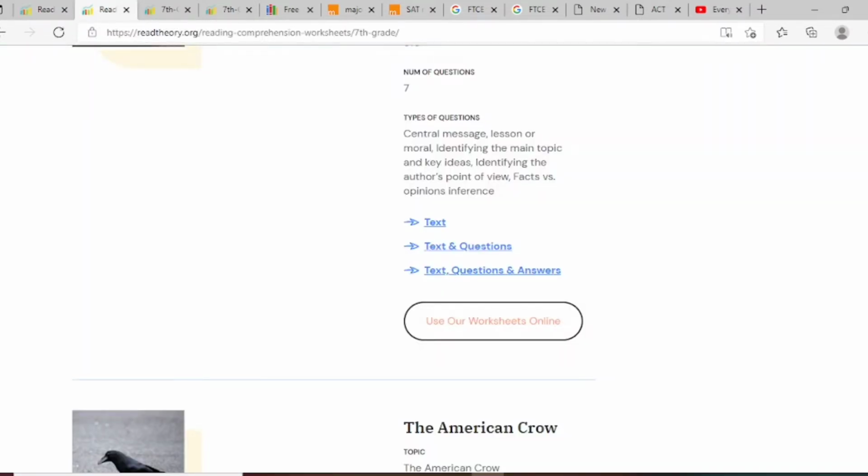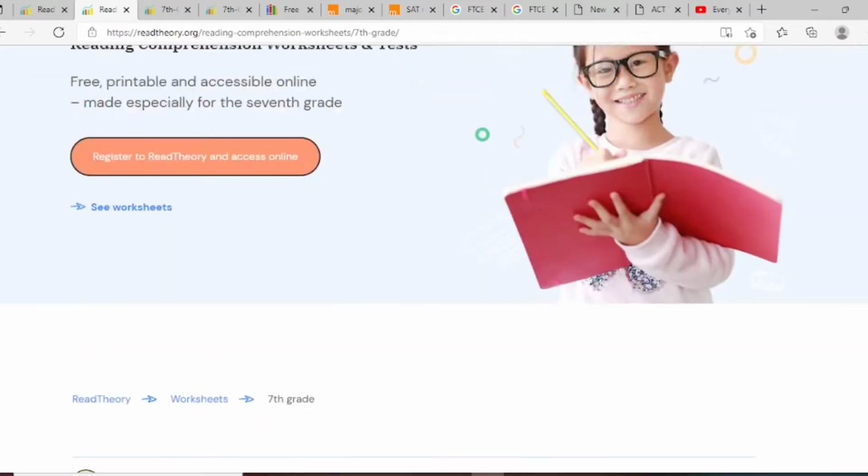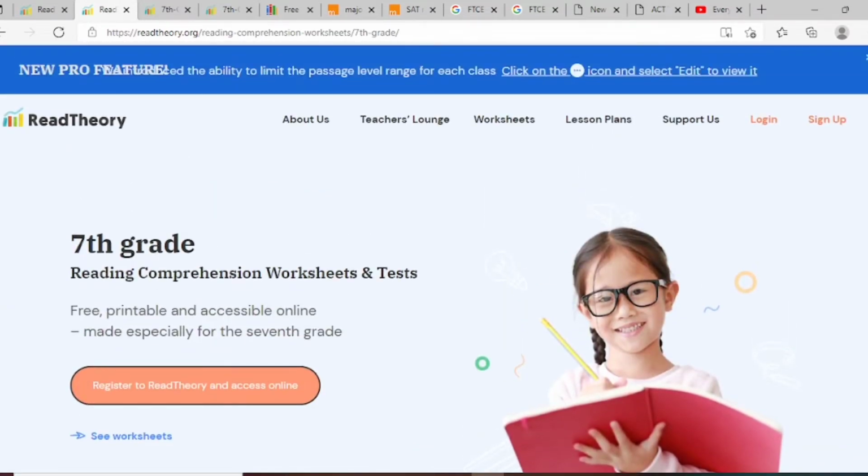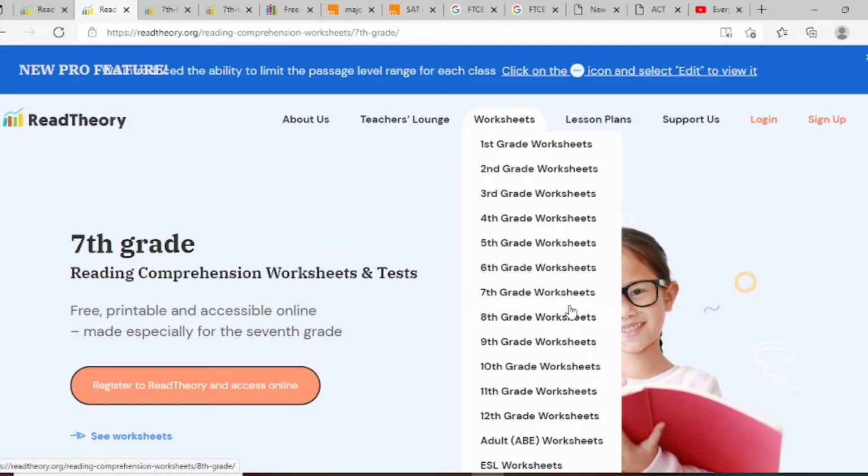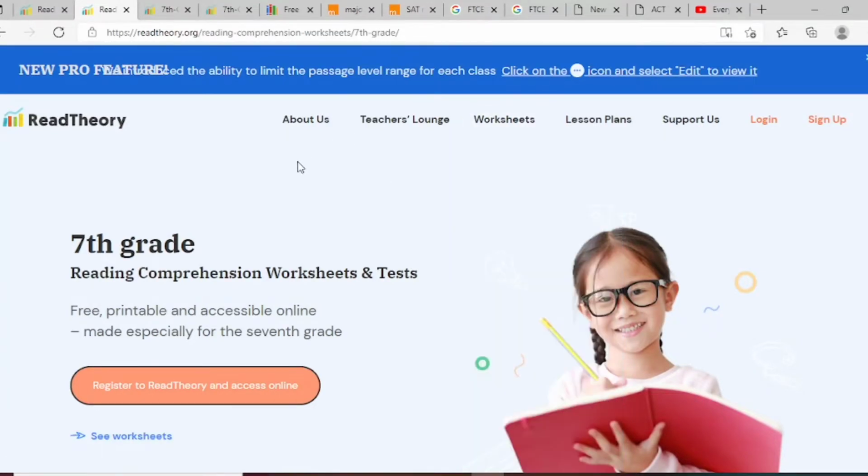When you create the account, you will go to worksheets and you're going to go to 7th grade worksheets. You can also go to 8th, 9th, 10th, 11th, and 12th because as I said before, grade 7 to 12 are good practice passages you could use.